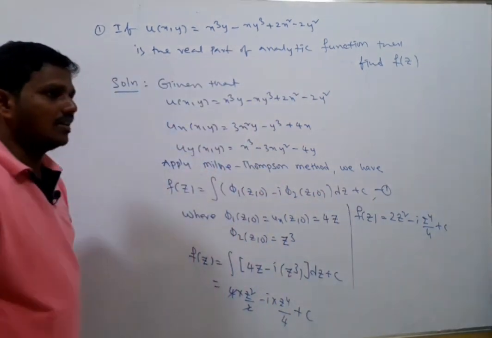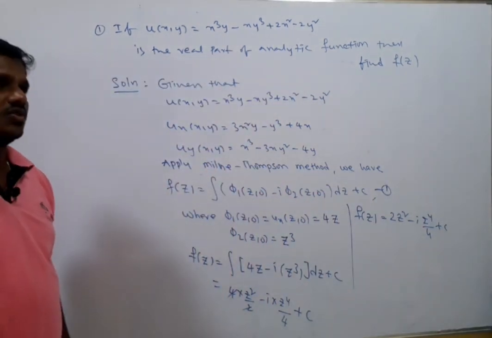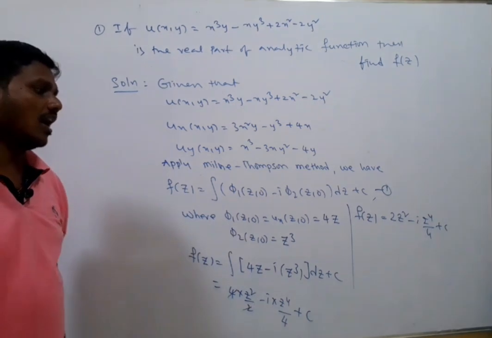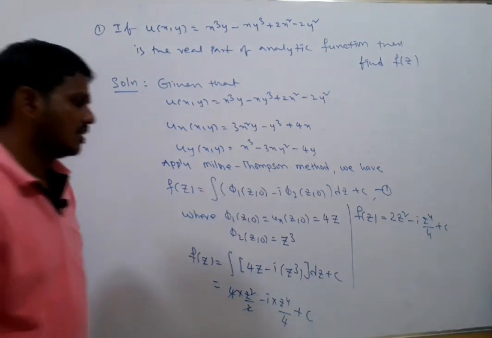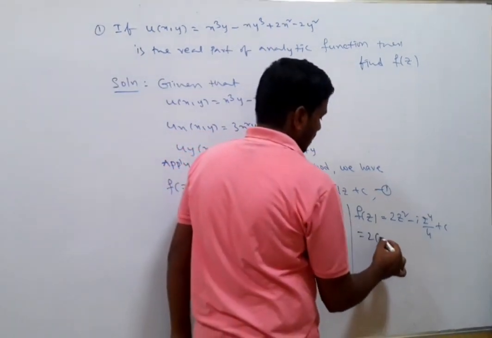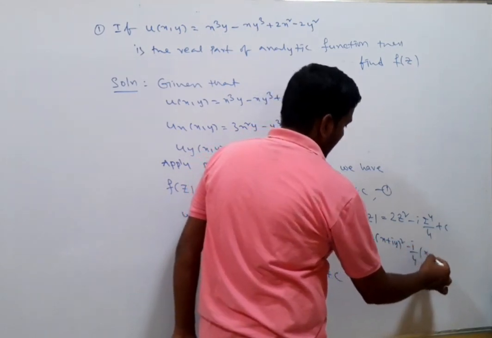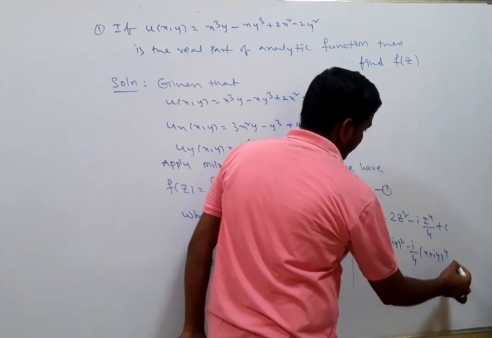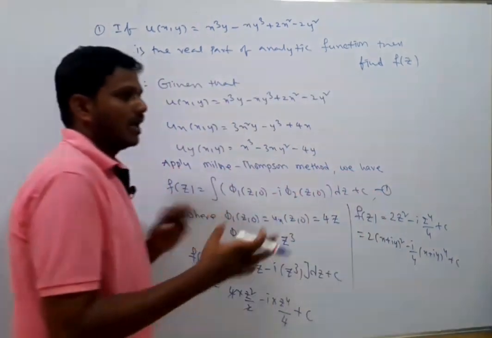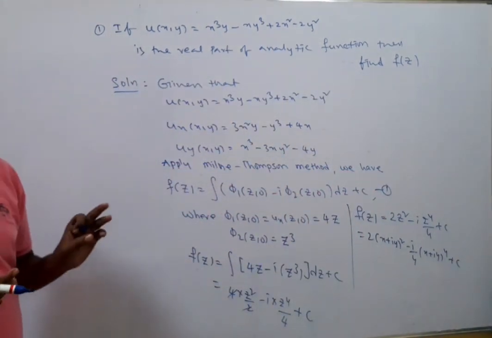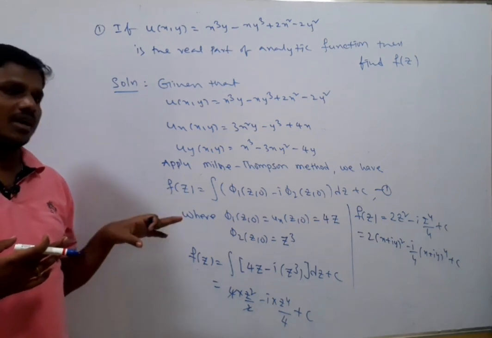If you want to find the harmonic conjugate, you can simplify this as 2 into (x plus iy) whole square minus i into 1 by 4 into (x plus iy) whole to the power of 4 plus c, and expand and separate the real terms and imaginary terms.